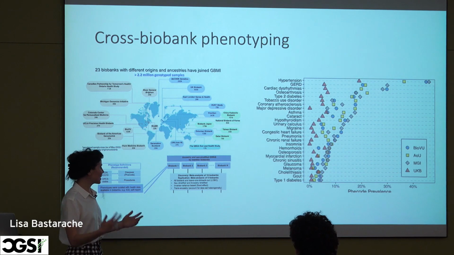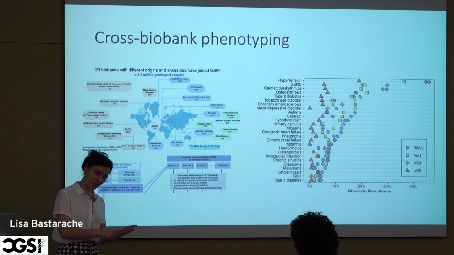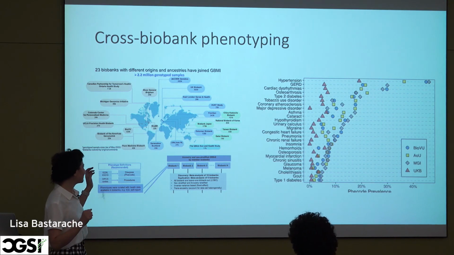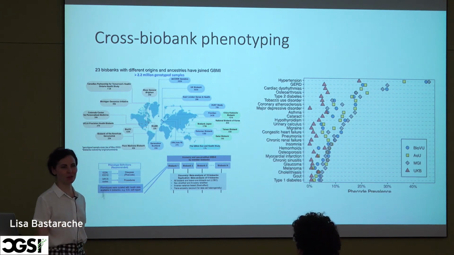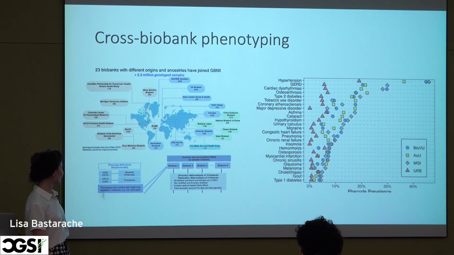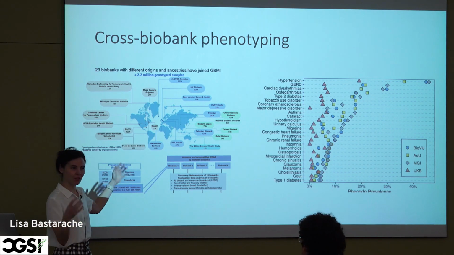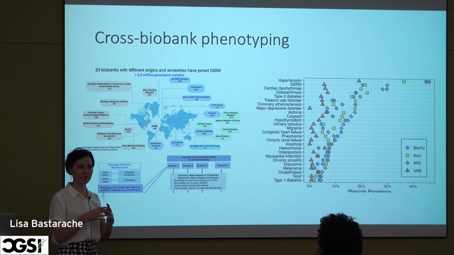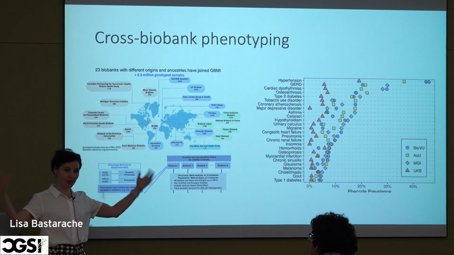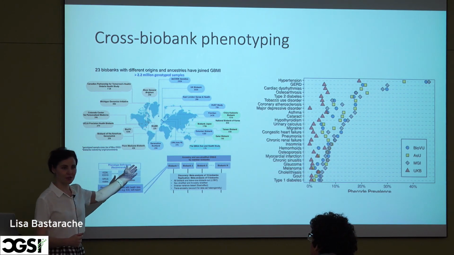Okay, another really great thing that you can use Phecodes for, in addition to PheWAS and PheRS, and this one doesn't start with a PH, is to do cross-biobank phenotyping. One thing when I was putting together a renewal for the PheWAS grant that I realized with a great deal of pride, I have to say, is that the global biobank that people have been putting together, all these biobanks together, the number one way that they define phenotypes so that it works across all of these global biobanks is Phecodes.